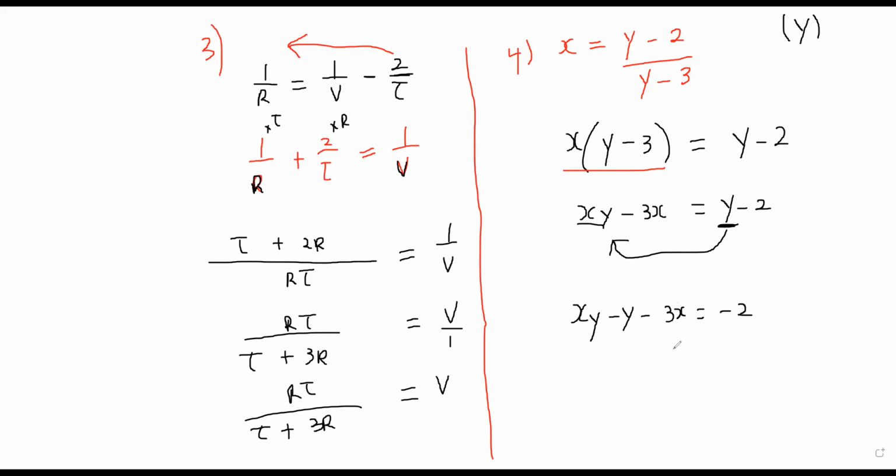All right, good. So what we can do now is to take over this 3x on this side. Because all we're interested in right now is the xy and the y together.